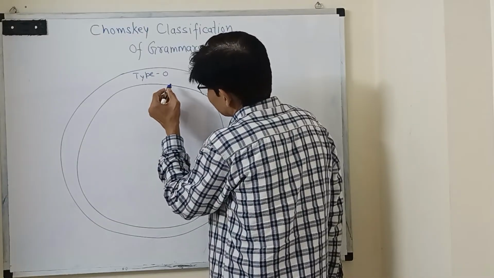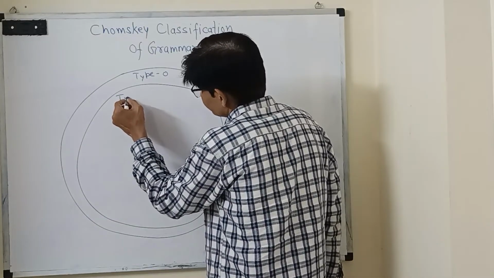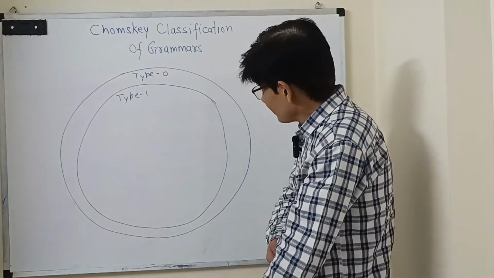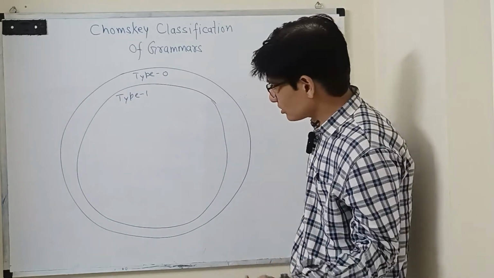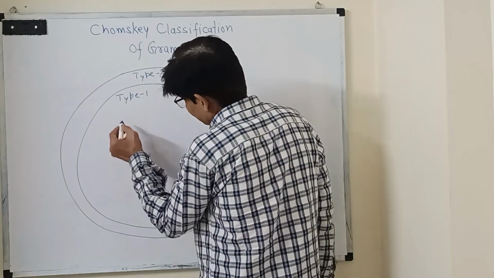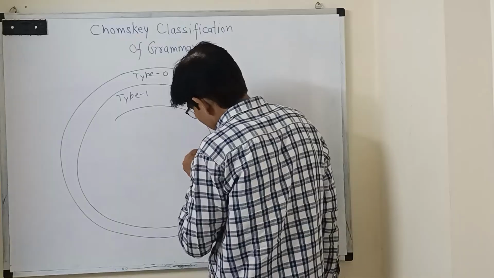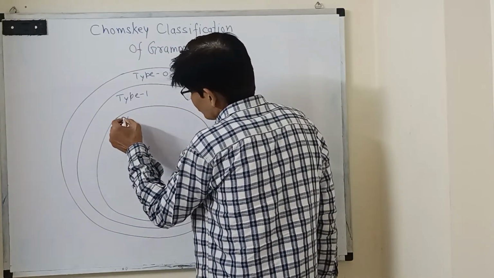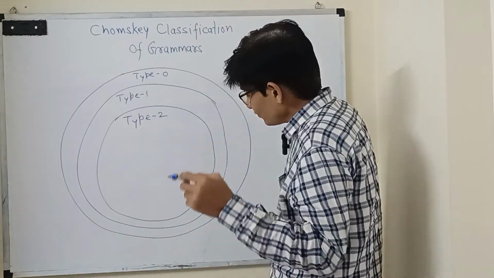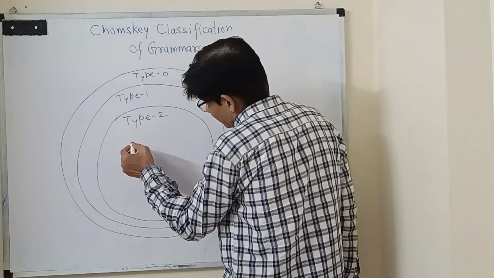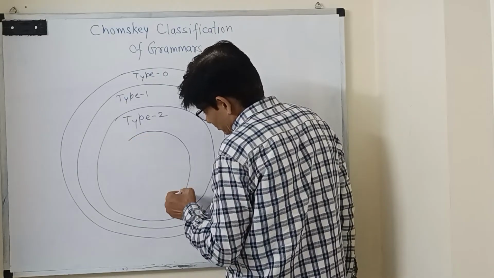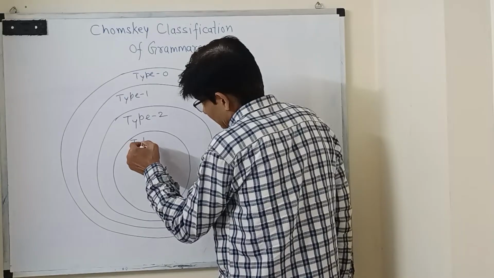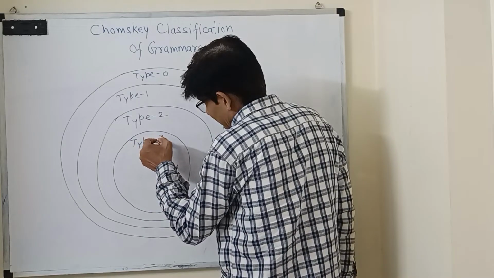Then one more type is type 1 grammar. And if we apply some more restrictions on production rules, we get one more class of grammar that you call type 2 grammar. And if you apply some more restrictions on production rules, you get one more class of grammar, type 3 grammar.